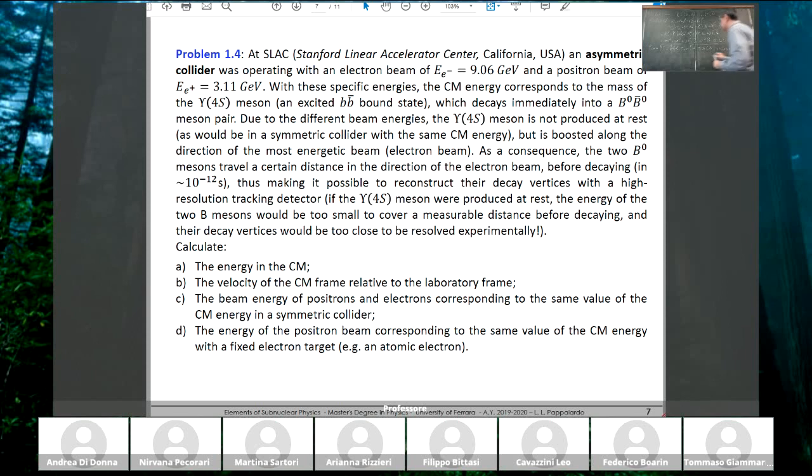And this results in 10.58 GeV, which is in fact the mass of the epsilon 4s meson.